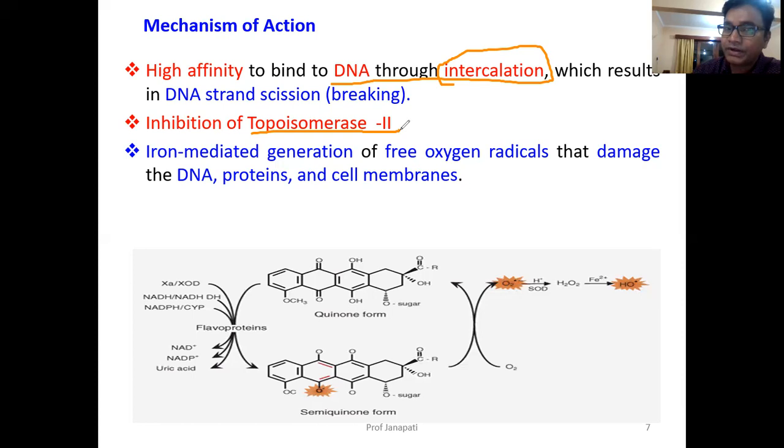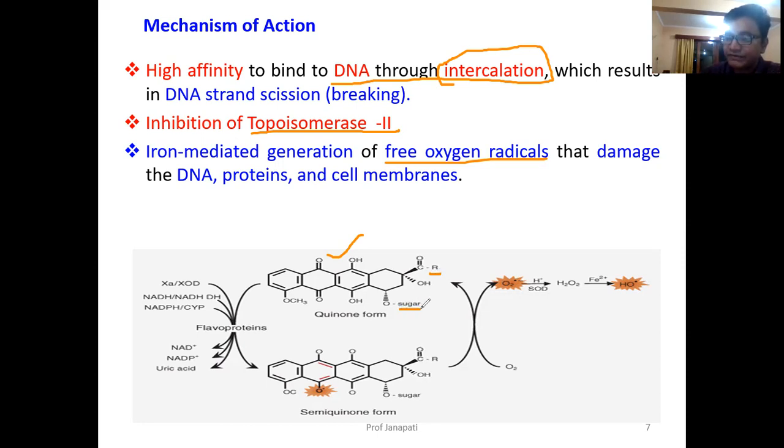Now, one more important mechanism, as well as side effect, is generation of free radicals. So this is our drug. See, we kept here R, irrespective of drugs, and we kept here sugar.